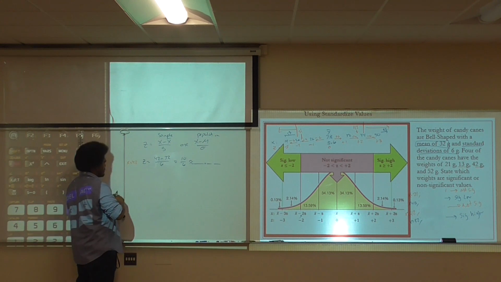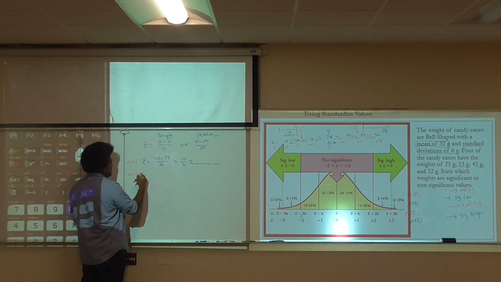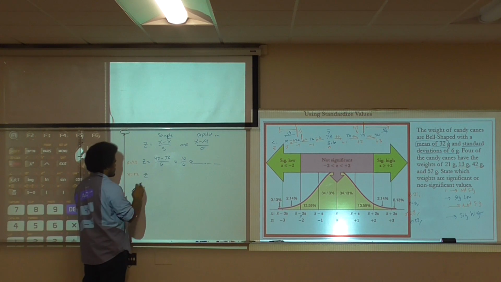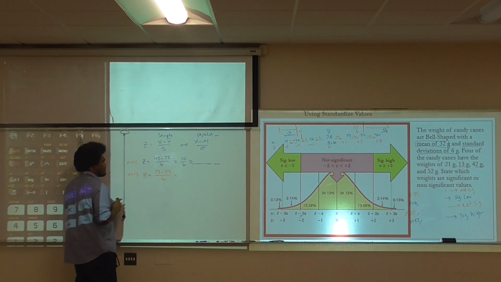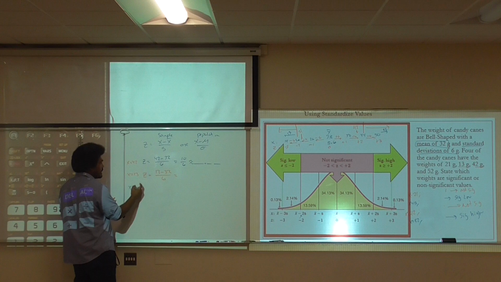So over here we're comparing x equals 13. We're seeing the same thing happen, where our z is going to equal 13 minus 32, all over the 6. And we'll see what happens there. And then the next one, I should have named the colors, but I didn't.